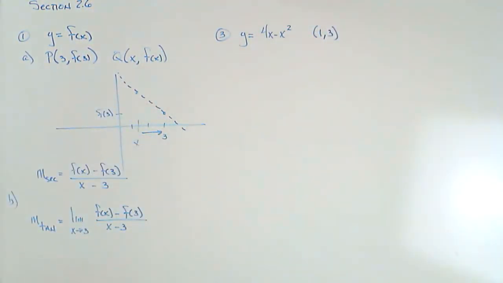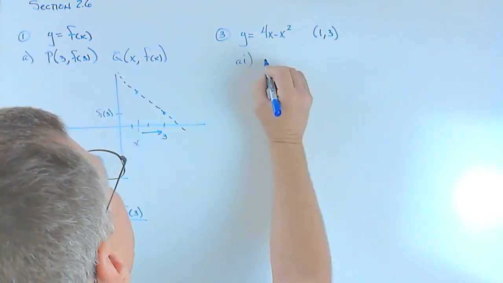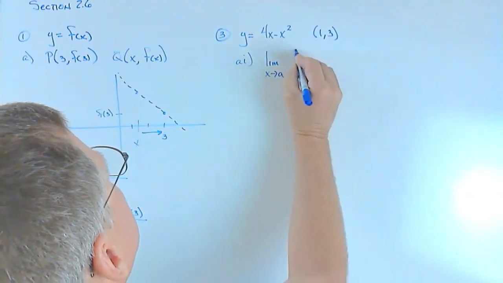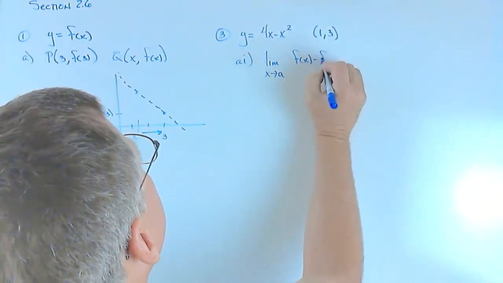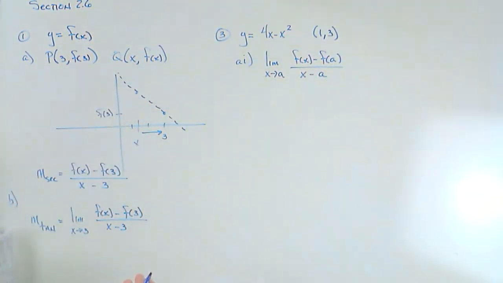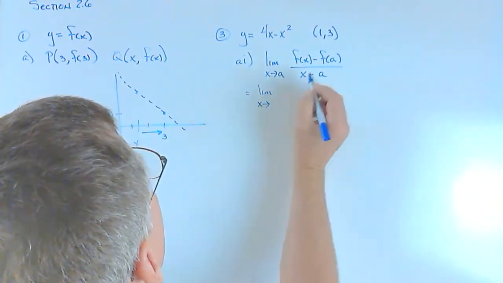Part A says, find the slope of the tangent line using definition number 1. Now, definition number 1 is our definition that says the slope of the tangent line is the limit as x approaches a of f of x minus f of a over x minus a. That's the definition. So for us, that's going to be the limit as x approaches our a.